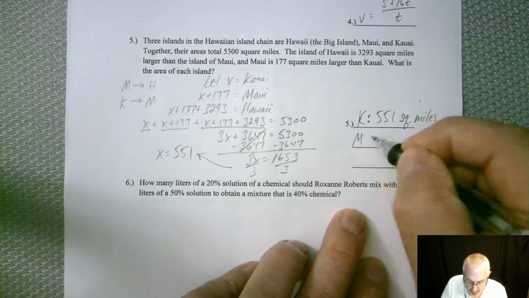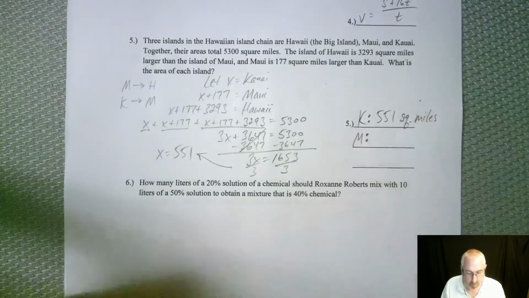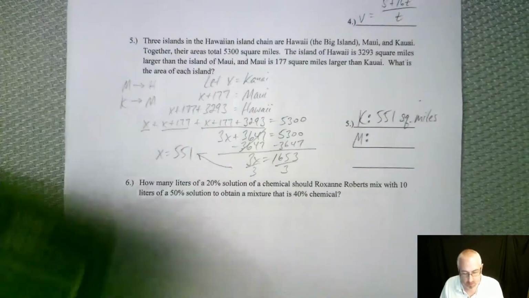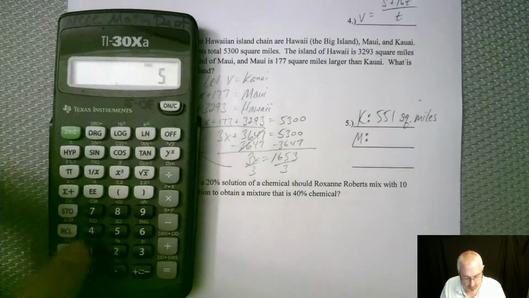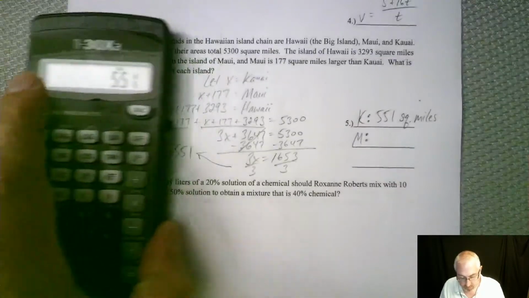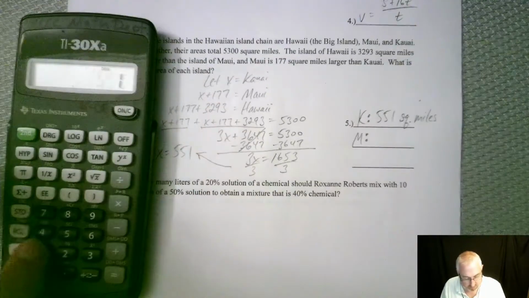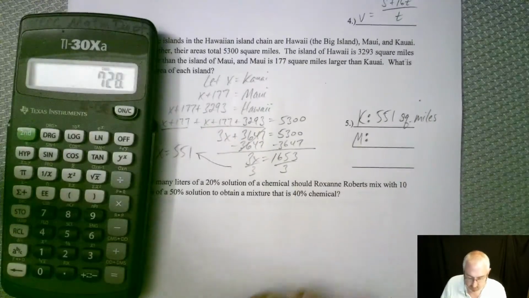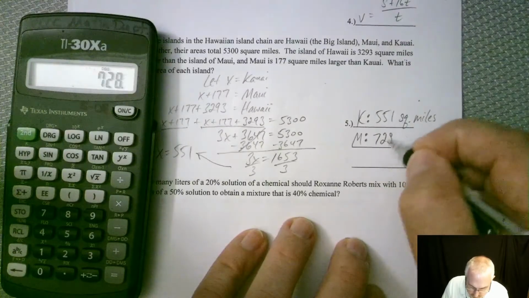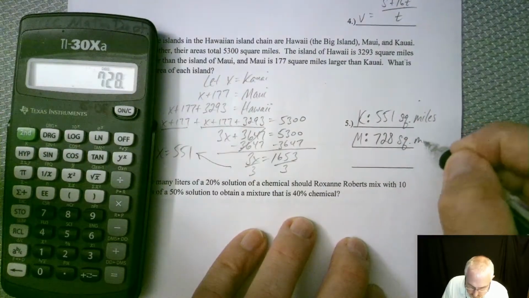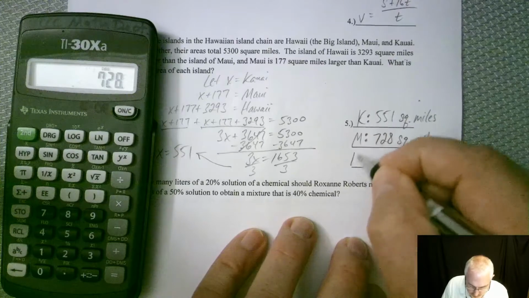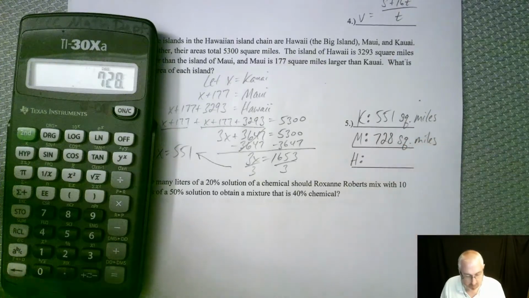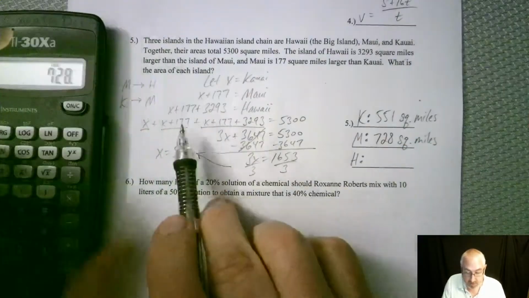And then we got Maui is next. And so how do we find Maui? Well, we're going to have to add, right? So we got the 551 plus the 177 equals 728. And then Hawaii is going to be, well, remember, it's bigger than Maui.